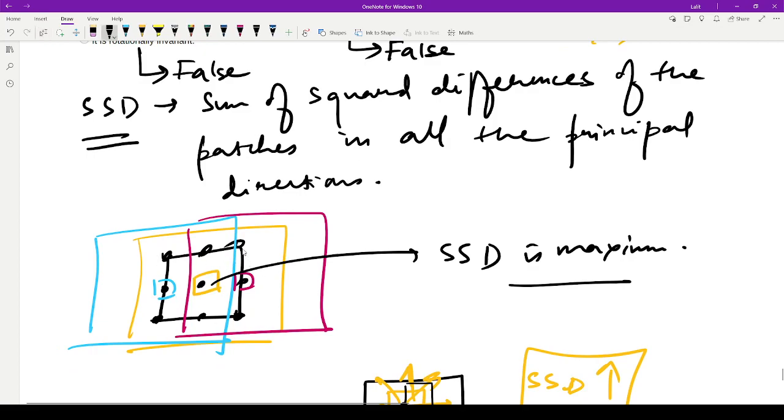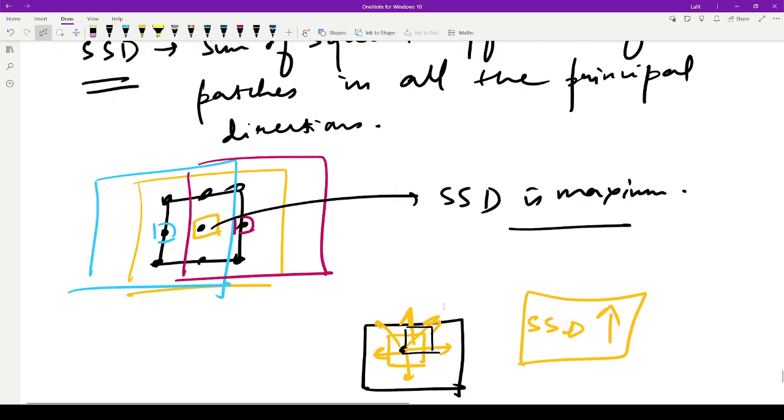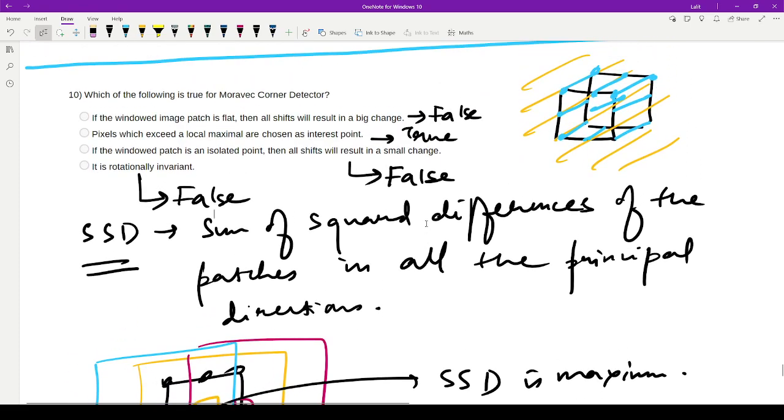As soon as you use patches, if I rotate to some other extent, it is possible that your SSD may not be maximum, since we are only checking this direction. So whenever you use patches directly on images, it can never be rotationally invariant. Okay, so your answer is this one.